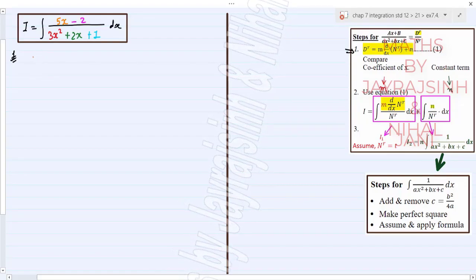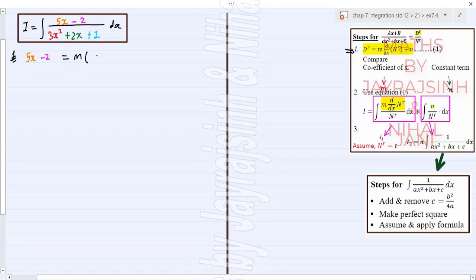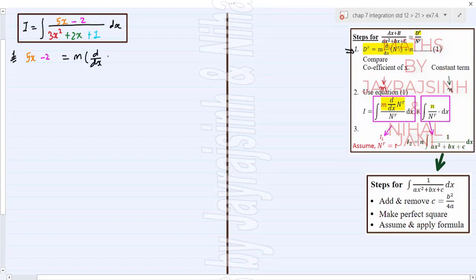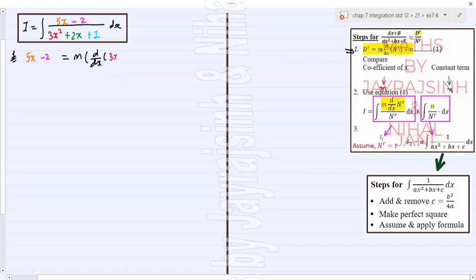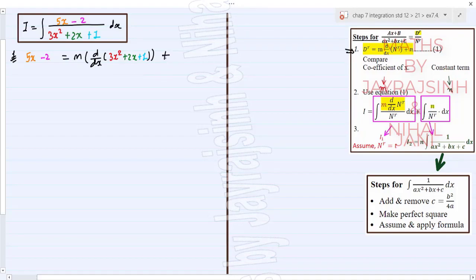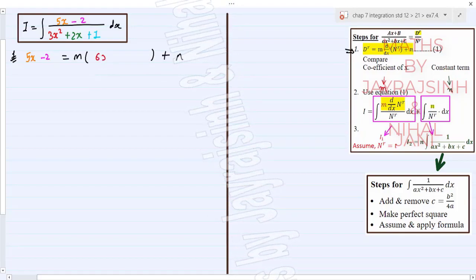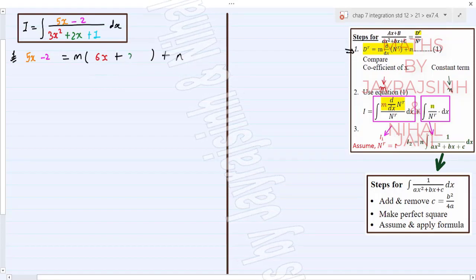So for that, we have to write down 5x minus 2 is equal to m into differentiation of your denominator, which is 3x square plus 2x plus 1, plus n, or we can say 6x plus 2.